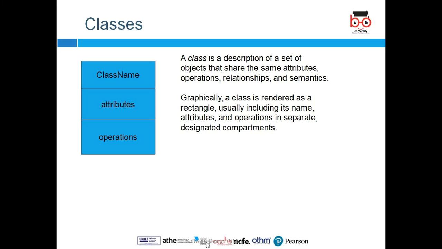A dog may have a color, a dog may have a type. When it comes to the operations, the dog may be able to walk, run, and bark as well. So any entity will likely have these three things: the name, the attributes, and the operations.